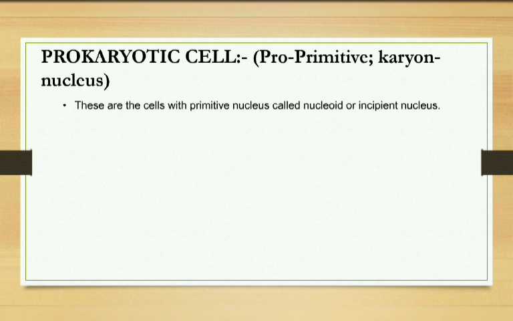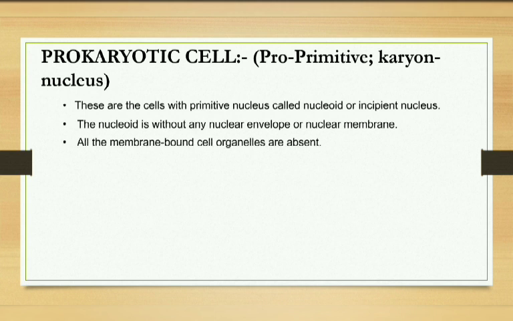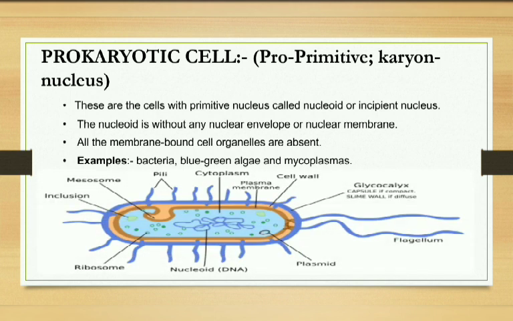In this nucleus, nuclear membrane or nuclear envelope is absent. All the membrane bound organelles, like chloroplast, mitochondria, all cell organelles are absent. Examples: bacteria, blue-green alga, mycoplasma. This is the diagram of bacteria.